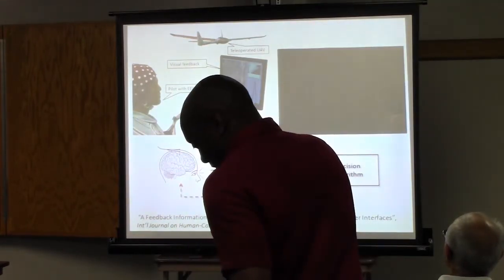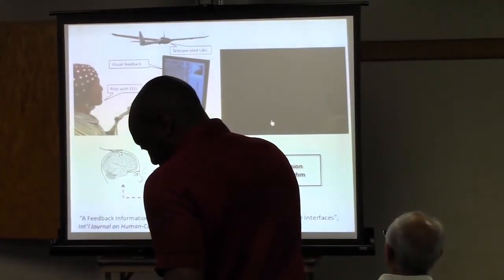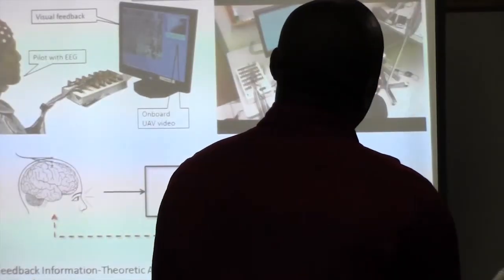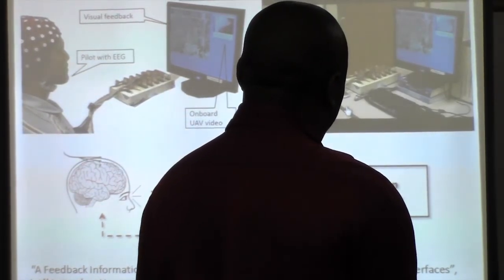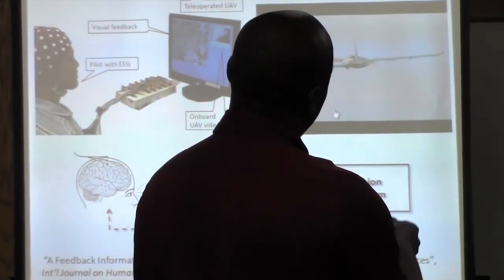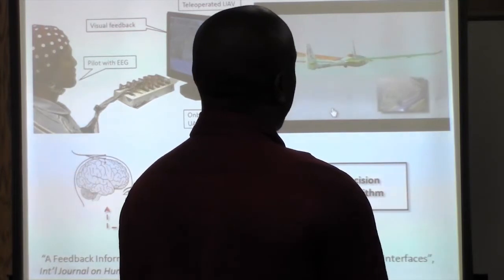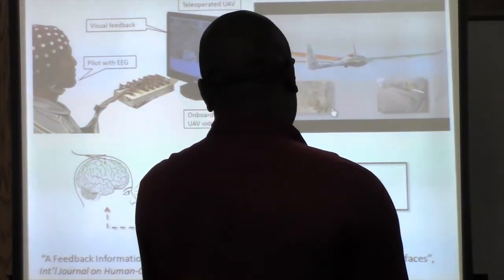And here's a very simple video to see it, right? So here's the guy. You see, he's not doing anything with his hands. This is all just with his motor imagery, and the plane is flying, and it's doing this very simple little alphabetization scheme as it's flying over the cornfields of Illinois.